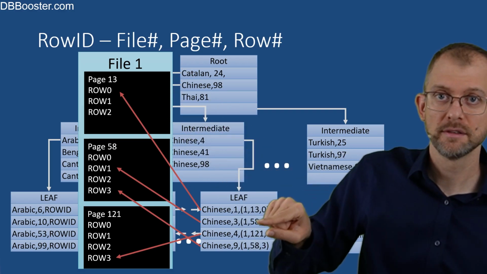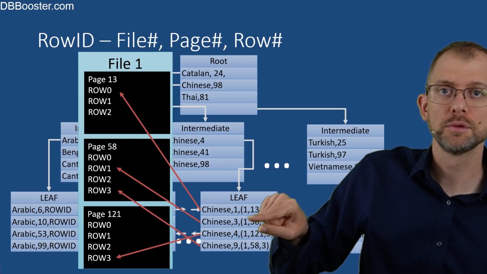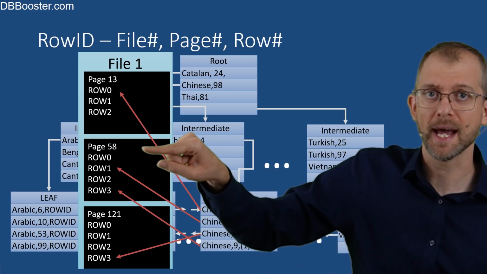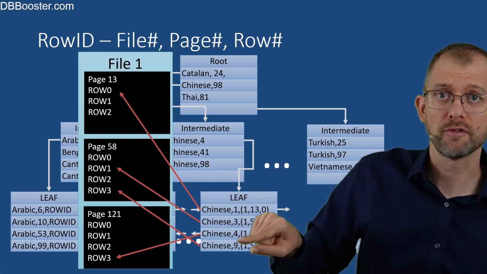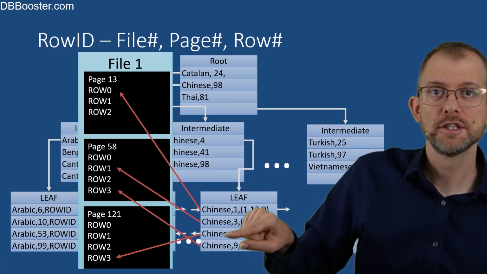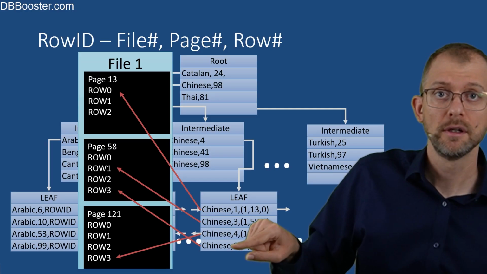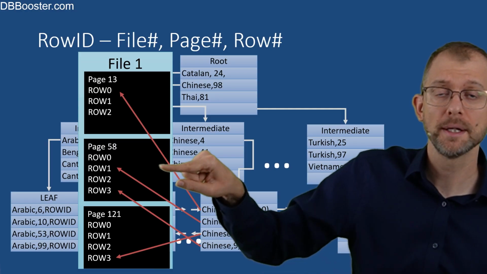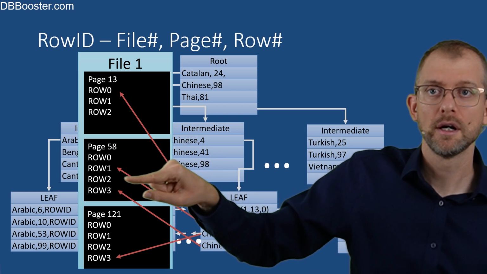The second index row points to file 1, page 58, row 1. The next points to file 1, page 120, row 3. And another pointer points to file 1, page 58, row 3.